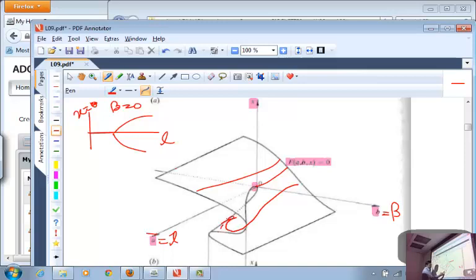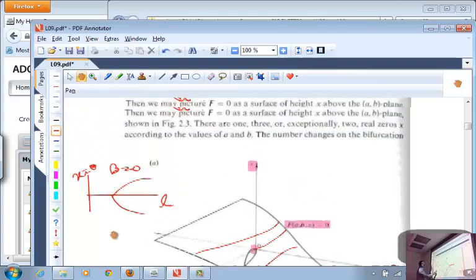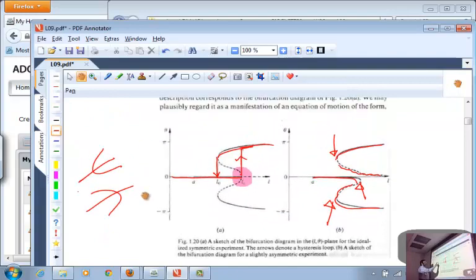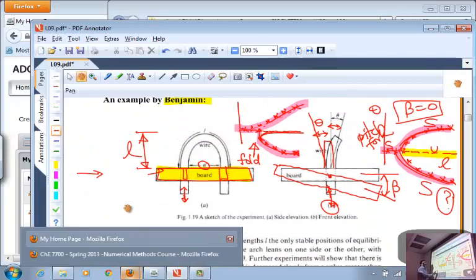This part is on the middle surface. Very similar to what we saw in the earlier graph of unfolding, from this to this. In fact, it is exactly the pitchfork. The cusp is determined by what we call this unfolding.